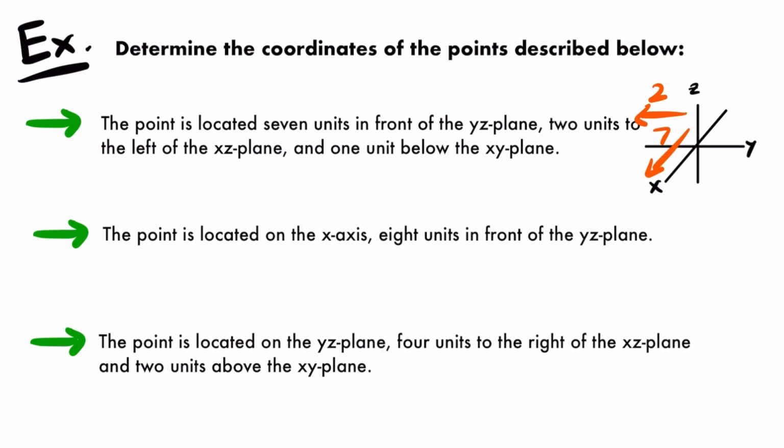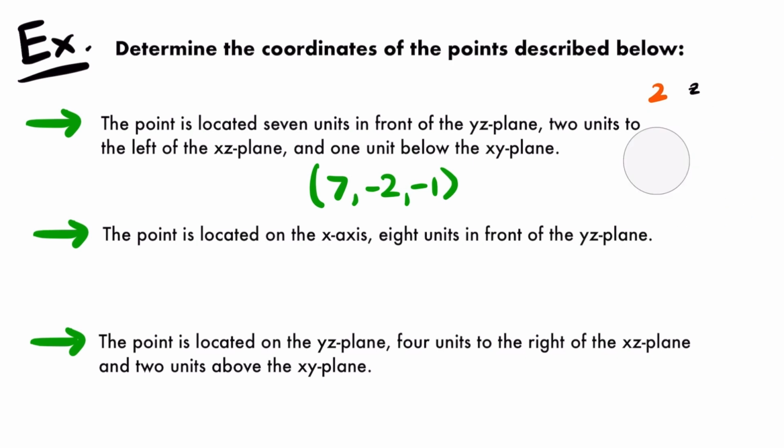Okay, so for 1 unit below the xy plane, then we are looking at a z value of -1. We're moving 1 down in the z direction. Okay, so to summarize, the point that we're looking at here is going to be the point (7, -2, -1), right? 7 in the positive x direction, -2 in the y direction, and then -1 in the z direction.